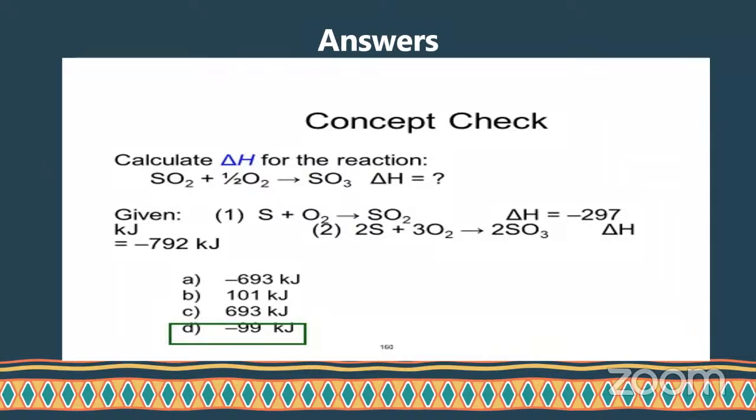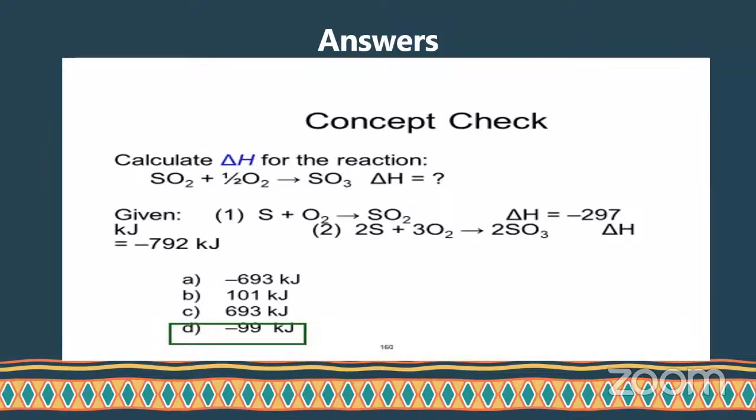Now, the next thing we're going to do is look at what we have on the left-hand side and what we have on the right-hand side. So we are going to add. And remember, when you are adding, because they are on opposite sides, they are going to cancel out. We are going to cancel out sulfur on the left-hand side with the one on the right-hand side.